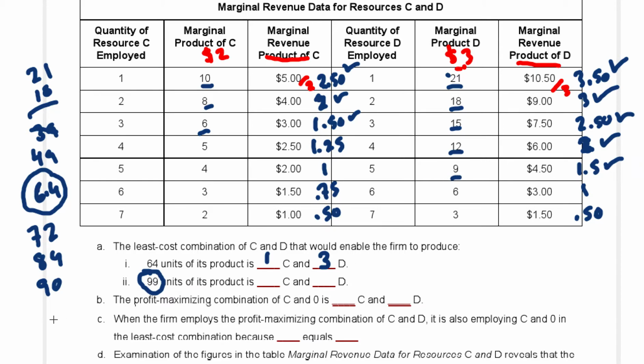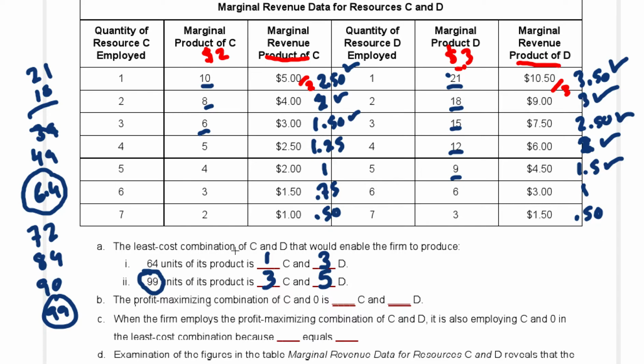And hire that 9, and that gets me to 99, which is where I want to be. So now, if I want to hire 99, I'm going to hire 1, 2, 3, 4, 5 of D, and 1, 2, 3 of C. Okay, so it's just a simple process of going down and how much does each one get me?